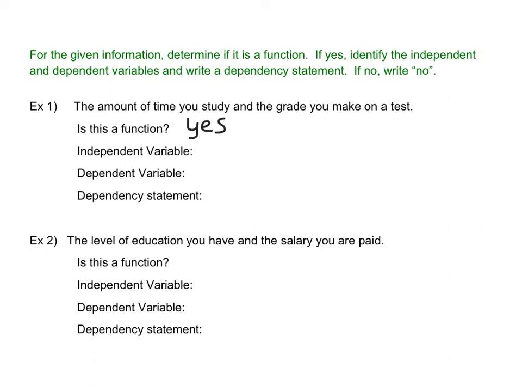So the amount of time you study would be the independent variable. Study time, let's say. That's the cause. The dependent variable is the grade that you make on the test. Your grade depends upon how much you study, usually, and it is the effect. The cause was the study time.